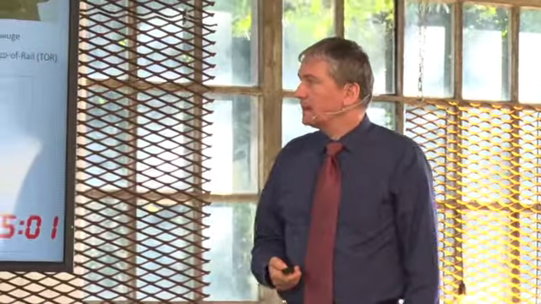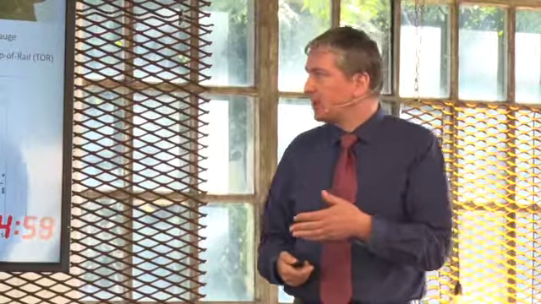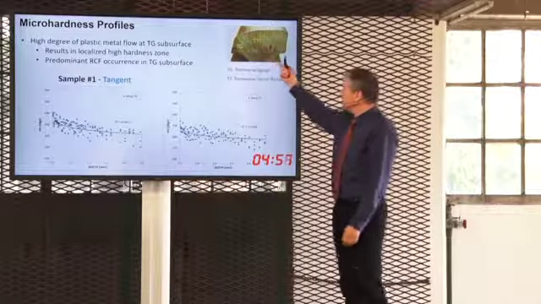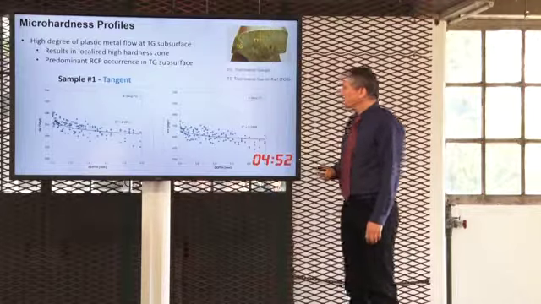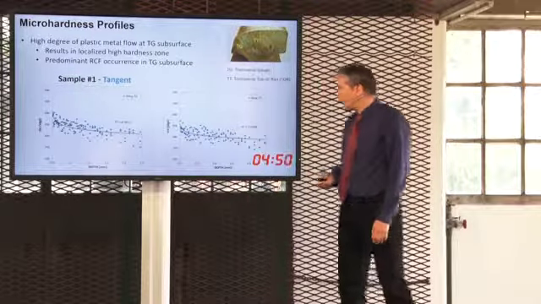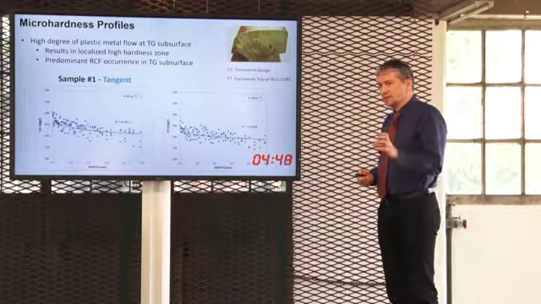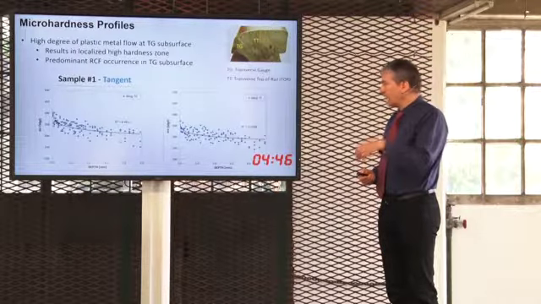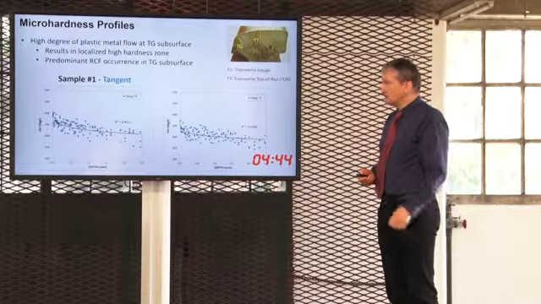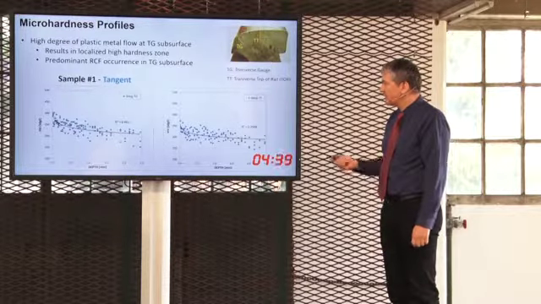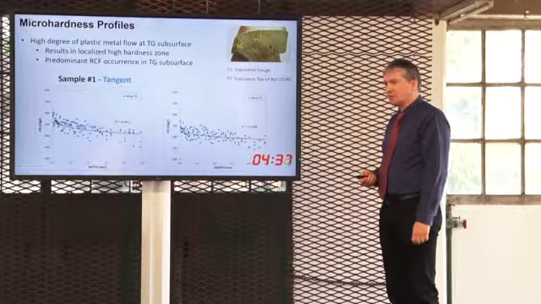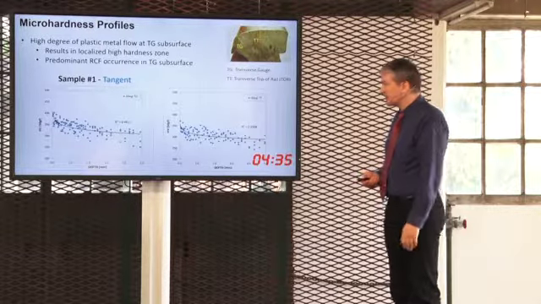We also did micro-hardness profiles at two locations, the transverse gauge, TG, and the transverse top of rail, TT, to find out whether the localized plastic flow present at the surface and immediate subsurface is linked with the RCF that's present there. If you remember for tangent, most of the flow was on the gauge face corner, and that's where the cracking was.